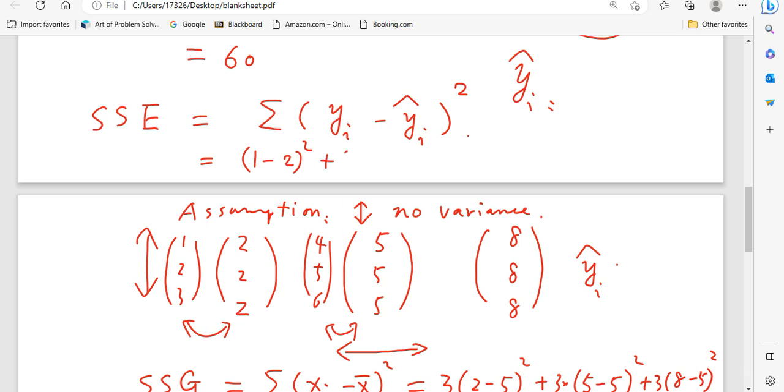Plus the true data minus expected data, 2 minus 2 squared, right? 3 minus 2 squared, like that. Okay, so this is SSE. In this way, we can say this is SSE: observed data, true data, and supposed data. Okay.